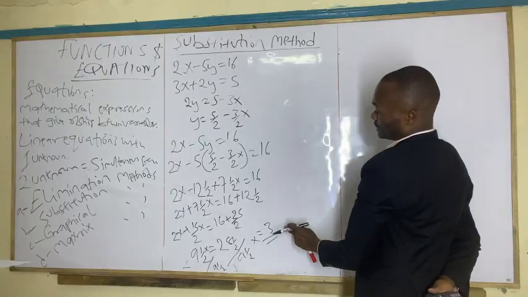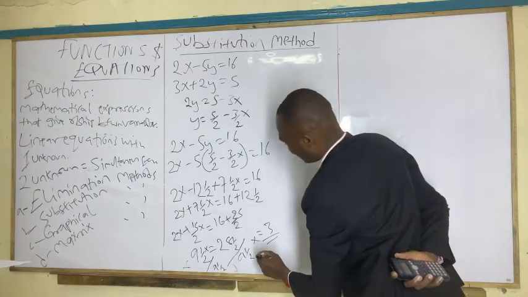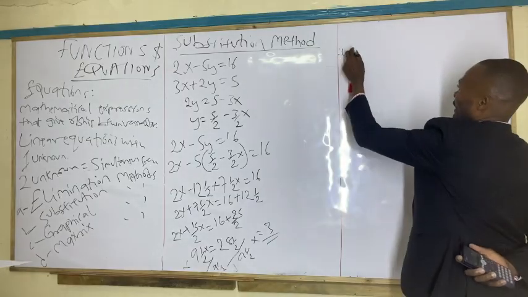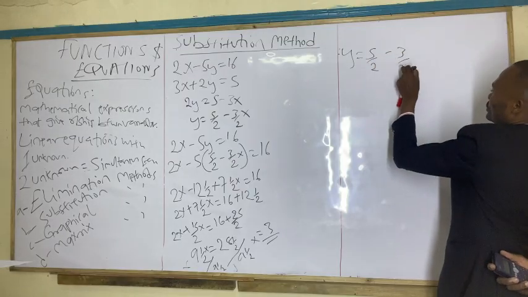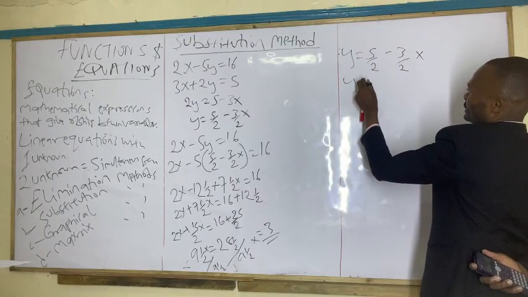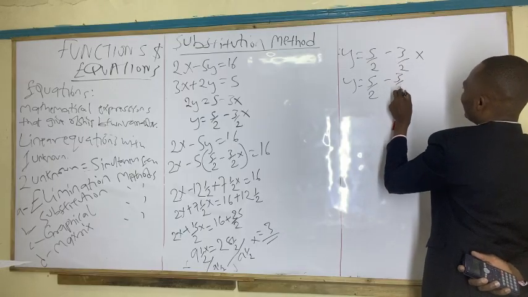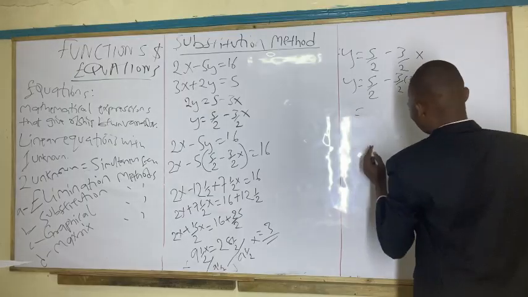Fine. So this 3 will come here. So here we say y is equals to 5 over 2 minus 3 over 2 x. Therefore y is equals to 5 over 2 minus 3 over 2 by 3. Multiply by 3.